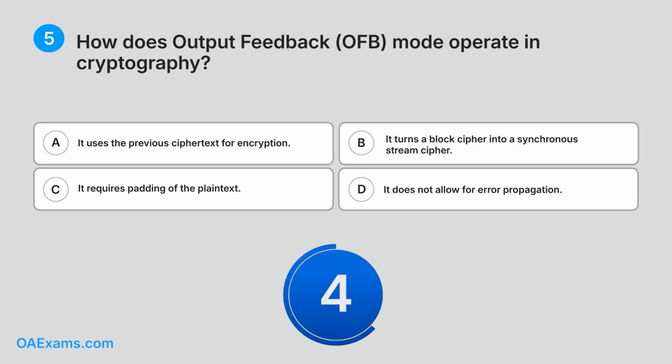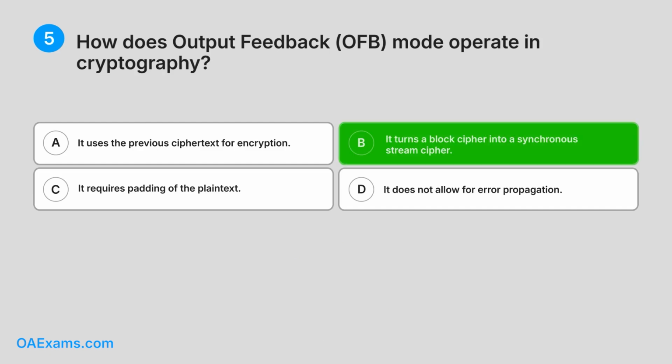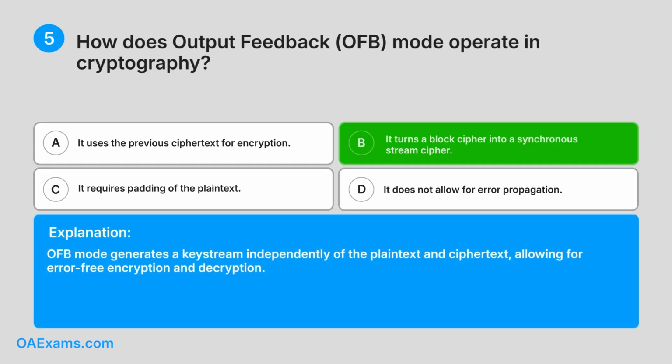Can you guess the answer? Correct answer: B. It turns a block cipher into a synchronous stream cipher. Explanation: OFB mode generates a key stream independently of the plaintext and ciphertext, allowing for error-free encryption and decryption.